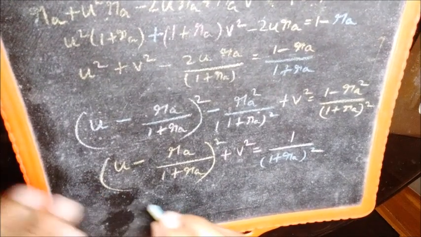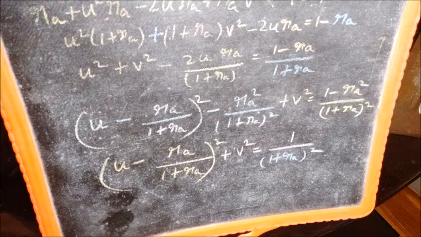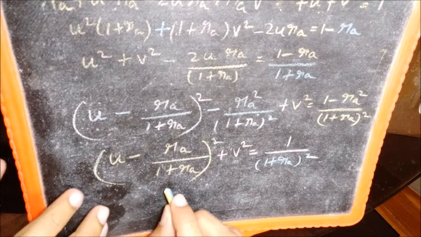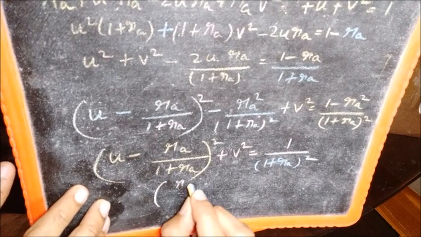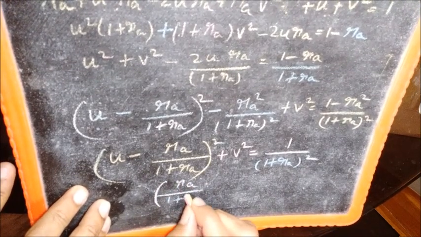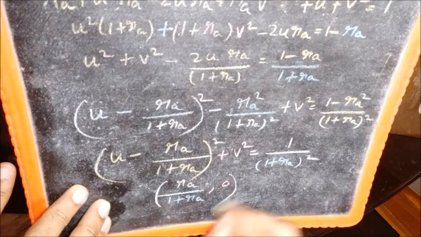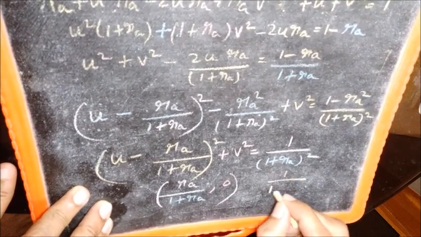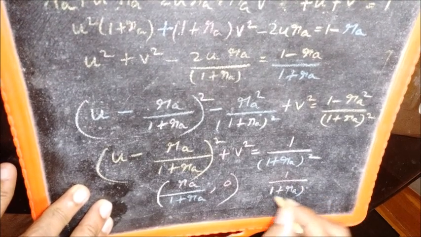This is a circle on the UV plane. You can draw this as a circle. The center of the circle will be at RA by 1 plus RA, 0, and the radius of the circle will be 1 by 1 plus RA.